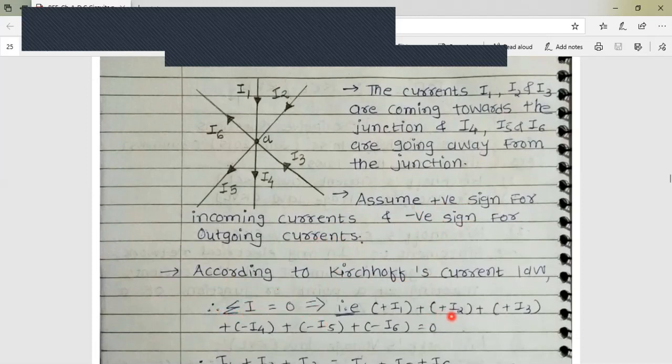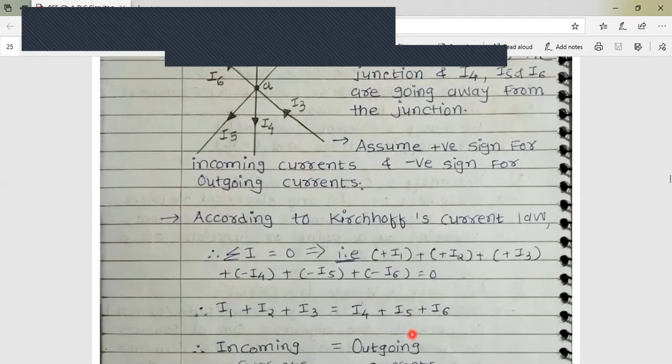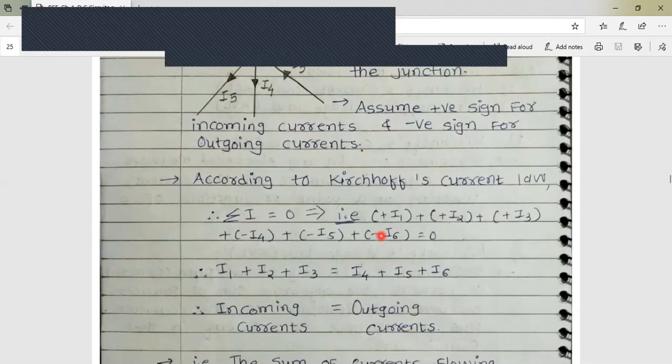It means I1 plus I2 plus I3 minus I4 minus I5 minus I6 equals 0. So we can write this equation as I1 plus I2 plus I3 equals I4 plus I5 plus I6. It means that incoming currents equal outgoing currents.